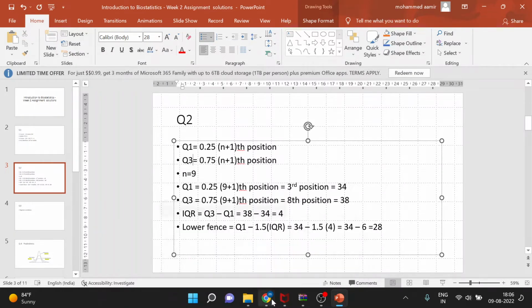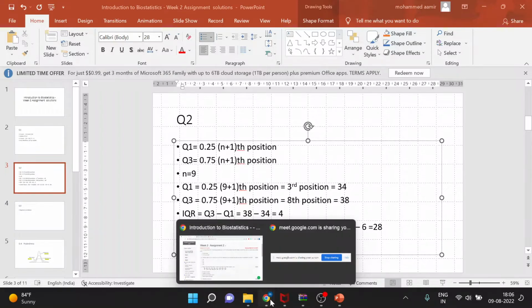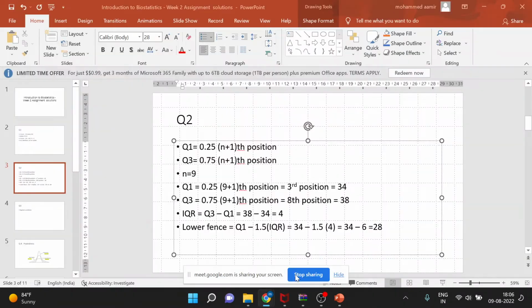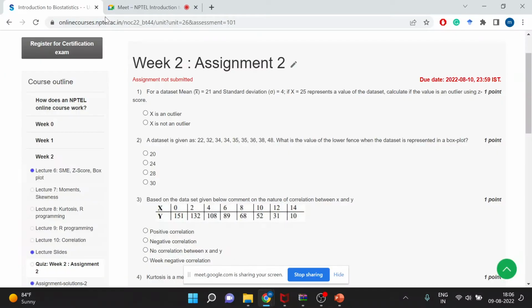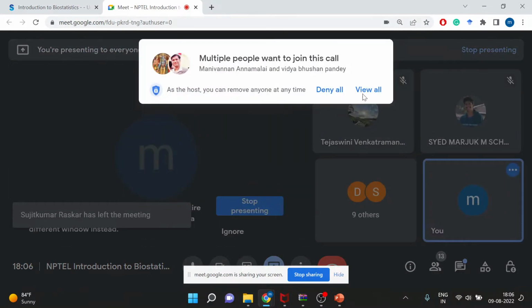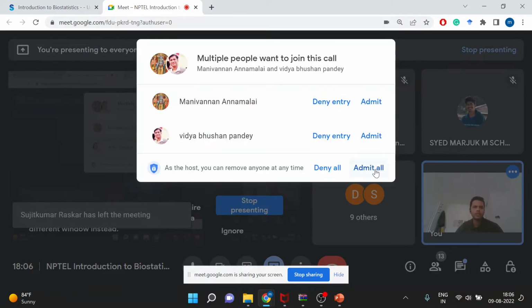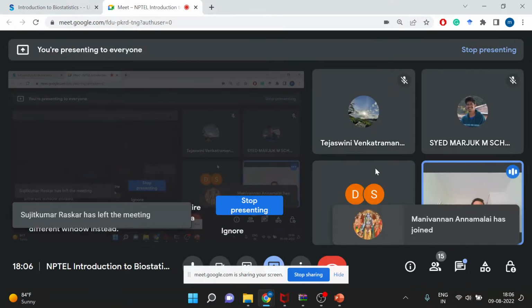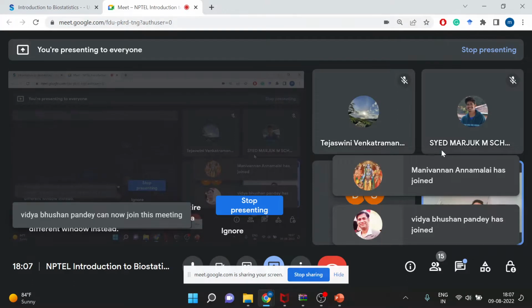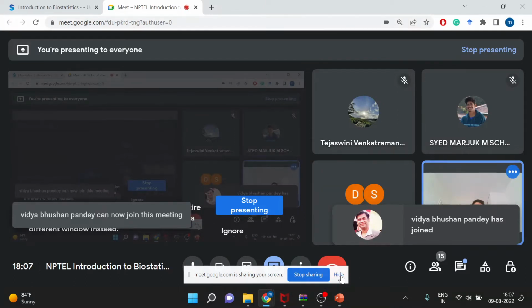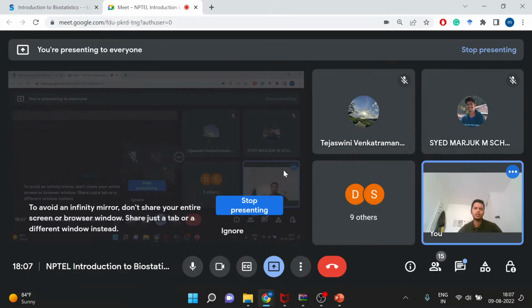Oh no, I can't see your faces or names. Okay. Yeah, Tejaswini Venkatraman, can you tell me what you mean by first and third quartiles? Okay, I don't think Tejaswini is available.